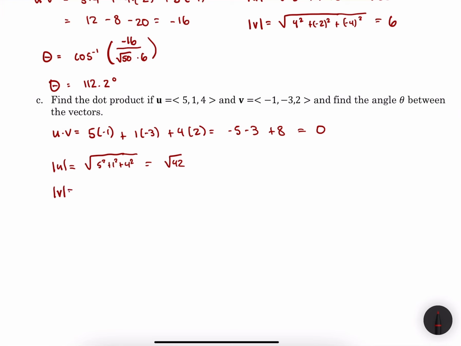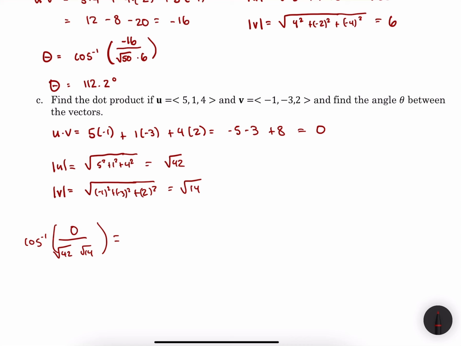And the magnitude of v is negative 1 squared plus negative 3 squared plus 2 squared. So what's that, 10 plus 4? So the square root of 14. So 0 divided by the square root of 42 times the square root of 14, cosine inverse of that value is going to equal our theta.